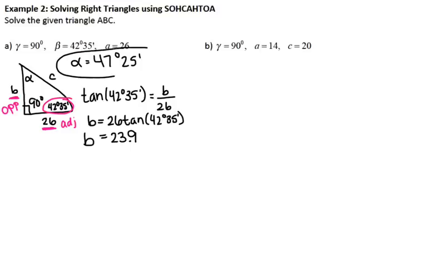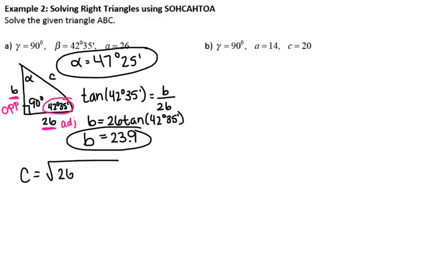So I have my alpha, I have side B, and the only thing that I'm missing is side C, but since I now know that B is 23.9, I can use the Pythagorean theorem to solve for side C. So it's the square root of A squared plus B squared.